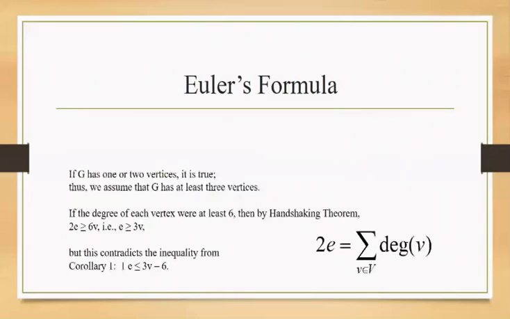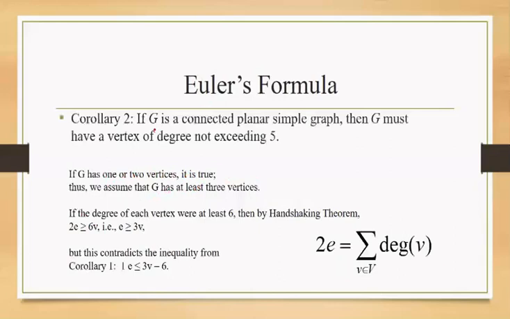Now the next corollary: if G is a connected planar graph, then G must have a vertex of degree not exceeding 5.